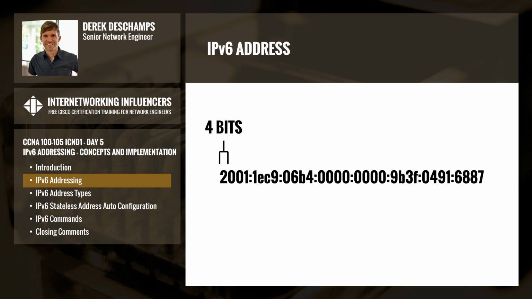This means each hexadecimal digit represents 4 bits. This is important to remember when converting IPv6 addresses from hexadecimal to binary. We need to remember to express each hexadecimal digit as 4 bits. For example, the hexadecimal digit 2 would need to be expressed as 0010 in binary.